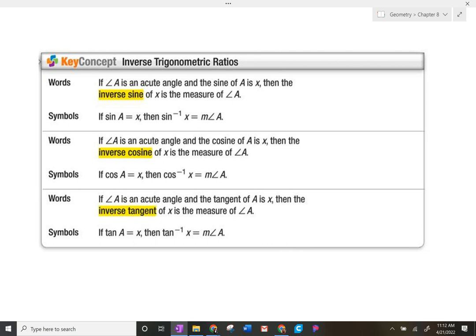So the assignment from yesterday, you were able to figure out sine of letter A or letter B, whatever, equaled a decimal, right? So in order for us to solve those ones, we have to use the inverse of sine, which I'm going to show you on the first example. Hopefully it'll make a little more sense when I explain it that way.